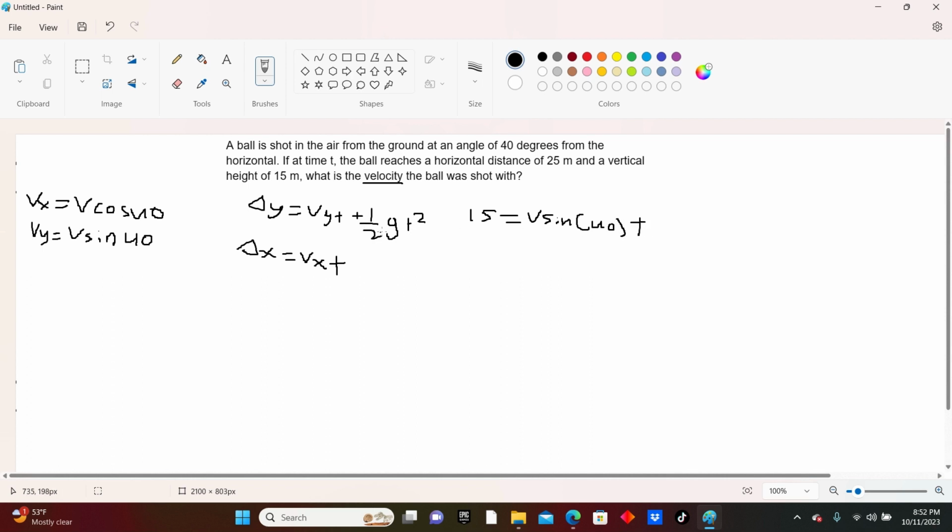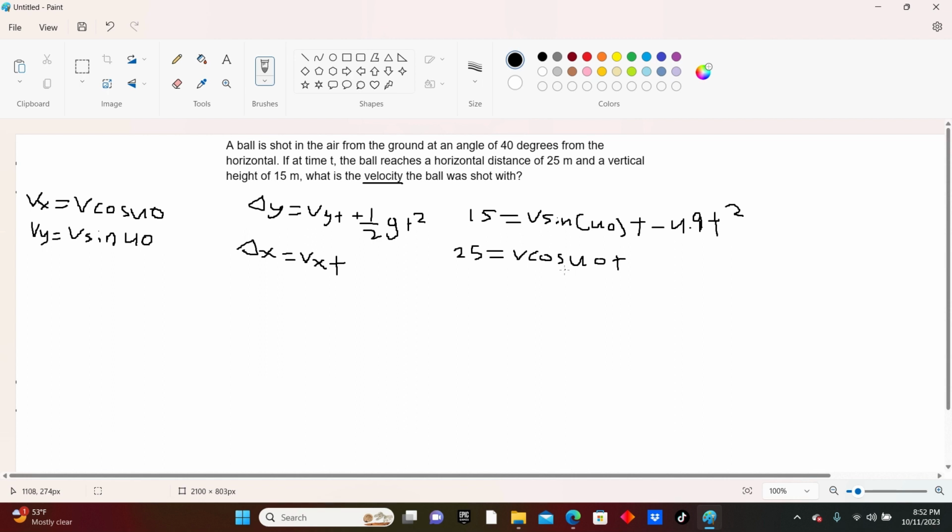And if we simplify, 1/2 times g is negative 9.8 times 1/2, that's just negative 4.9. We get minus 4.9 t squared. And then for the x equation, we get a horizontal distance of 25, which is delta x. So 25 equals v cosine 40 times time.